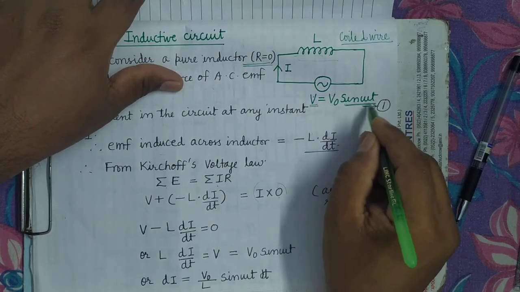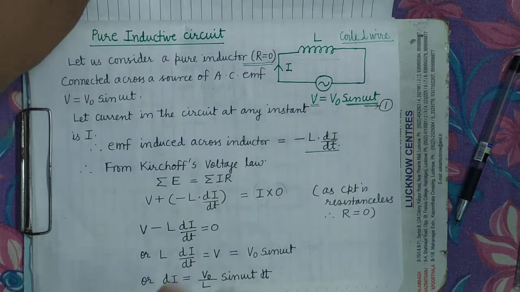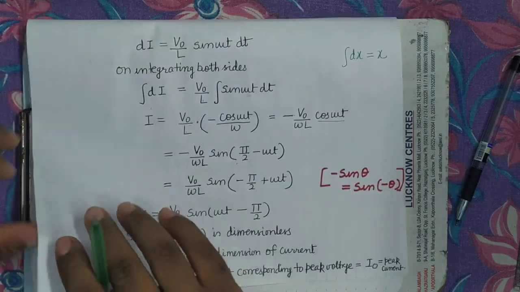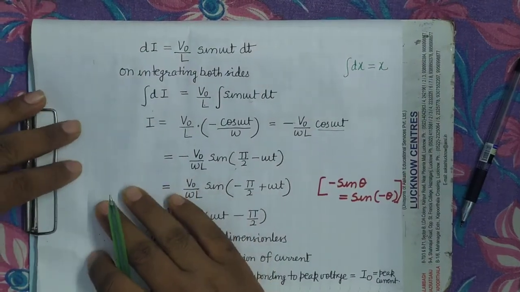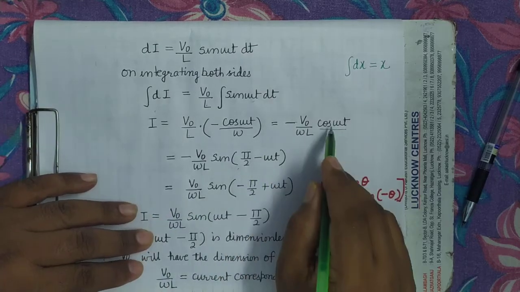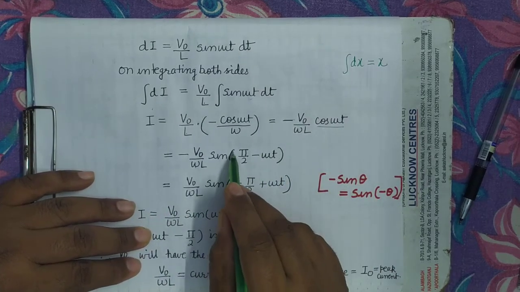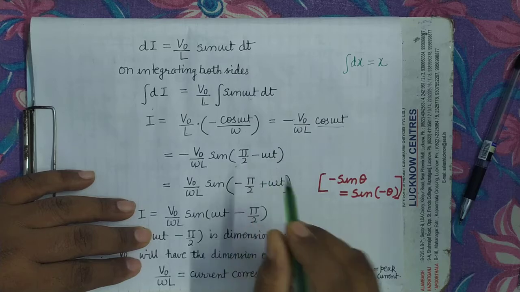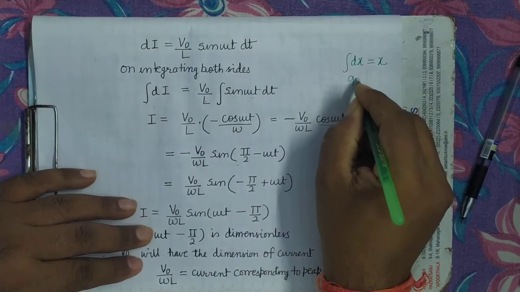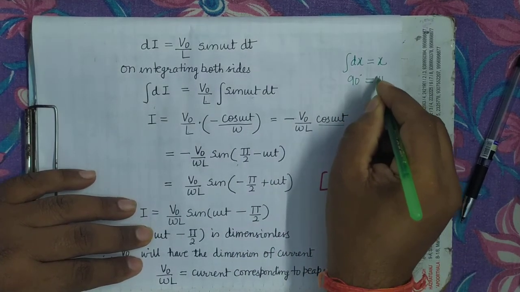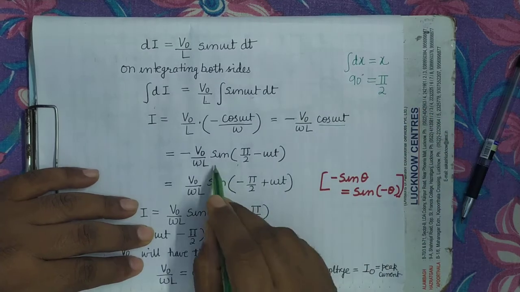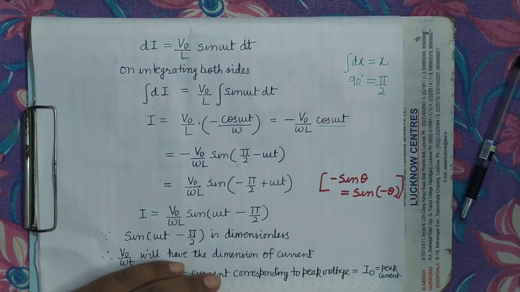So that's why we will convert to the sine function. It's clear? So we can write cos omega t as sine of 90 minus omega t. 90 degree equals pi by 2. So sine of pi by 2 minus omega t equals cos omega t.